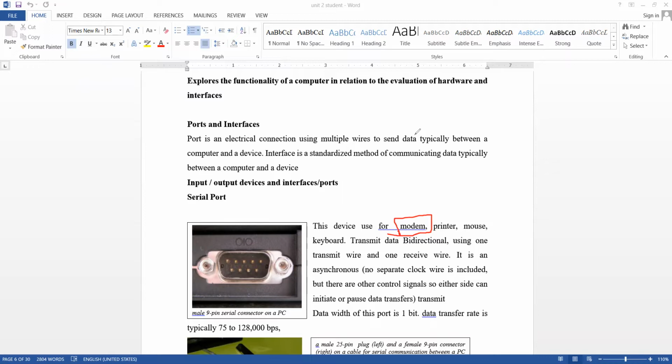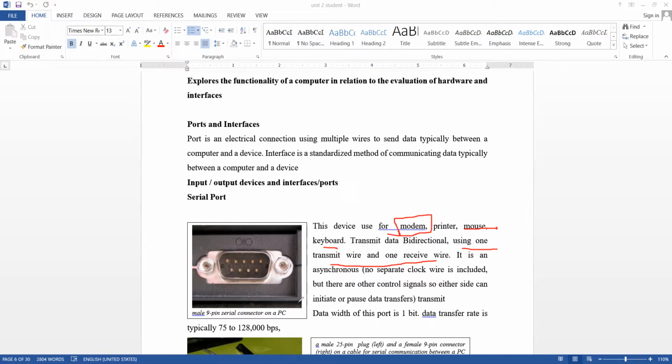So modem, printer, and even mouse and keyboard earlier were used with the serial port. This serial port transmits data bidirectionally. That means both sides can transmit data, with one transmit wire and one receive wire. It is asynchronous; no separate clock wire is included, but there are other control signals. So either side can initiate or pause data transfer, and the data width is 1 bit.